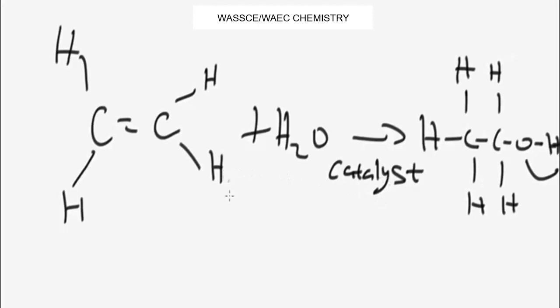So this is a typical example of an addition reaction of alkenes, mixing ethene with steam and then passing it over a catalyst. Now let's look at one more addition reaction of alkenes, and after it we can call it a class. So this is the chemical formula for ethanol, C2H5OH. Okay, so let's wipe this.